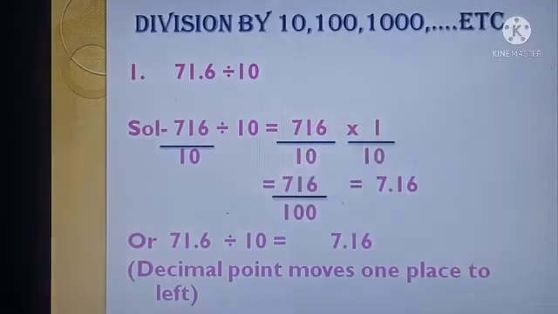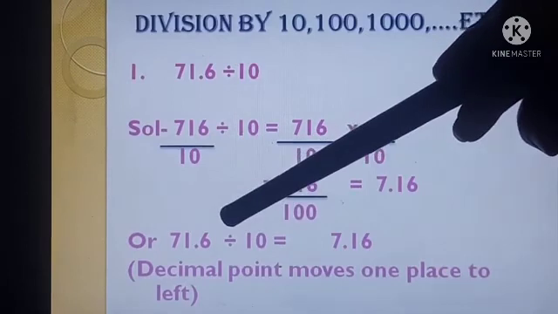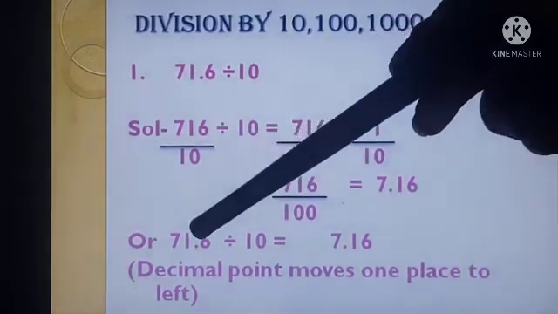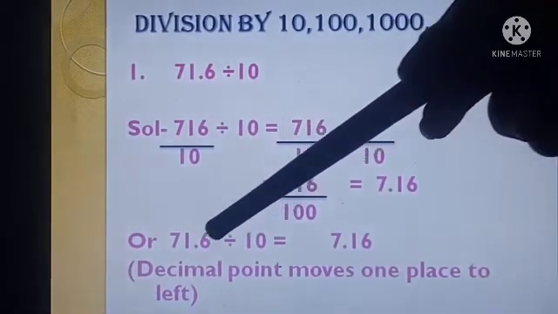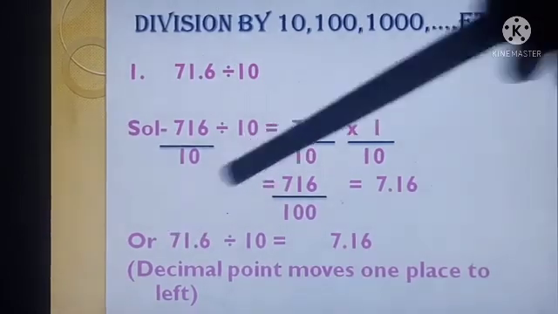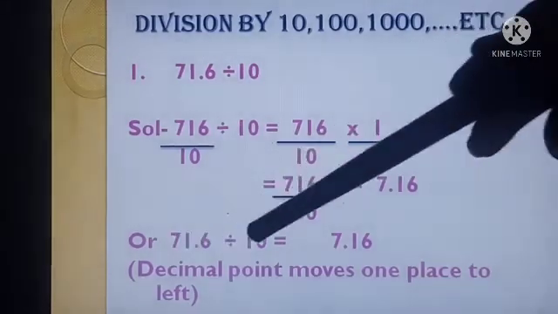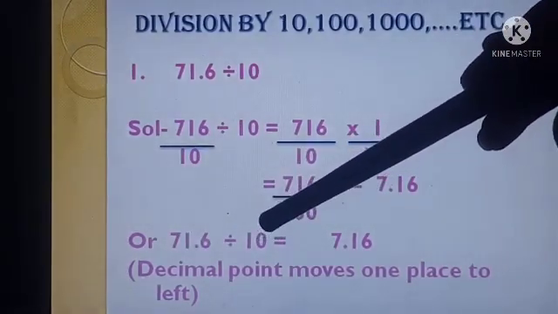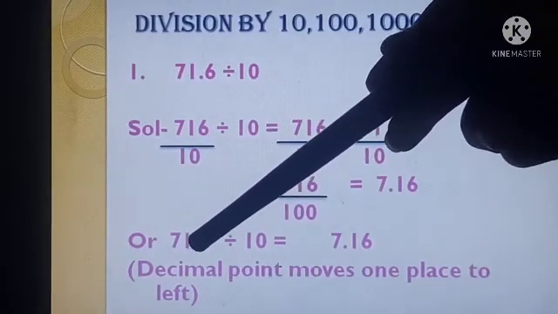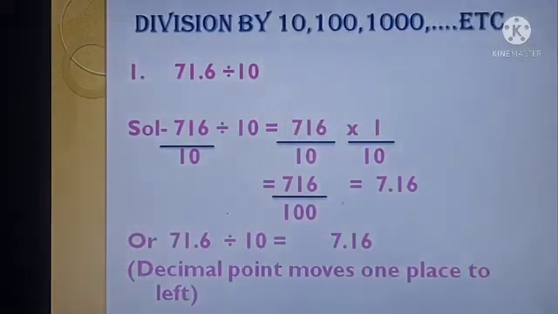71.6 divided by 10. The division sign is here. Whenever we divide a number, the number becomes smaller; in multiplication it becomes bigger. So 71.6 is divided by 10, so in which direction will we shift the decimal? To the left, backward. How many places? 10 means one 0 is there, so 1 place backward. The decimal is before 6. Now it will shift and it will become 7.16.